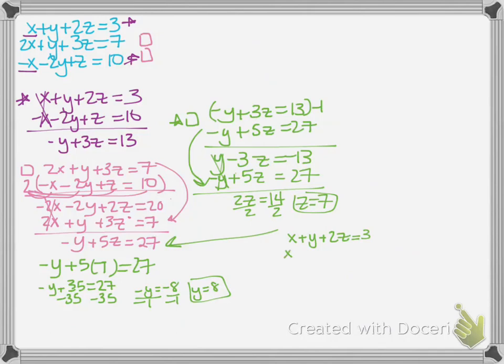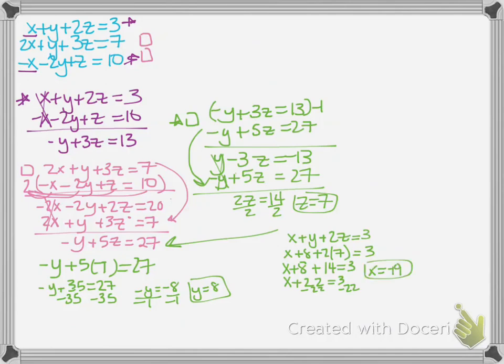So I have x plus 8 plus 2 times 7, x plus 8 plus 14 is equal to 3. 8 plus 14 is 22. Subtract 22. So x is equal to negative 19.